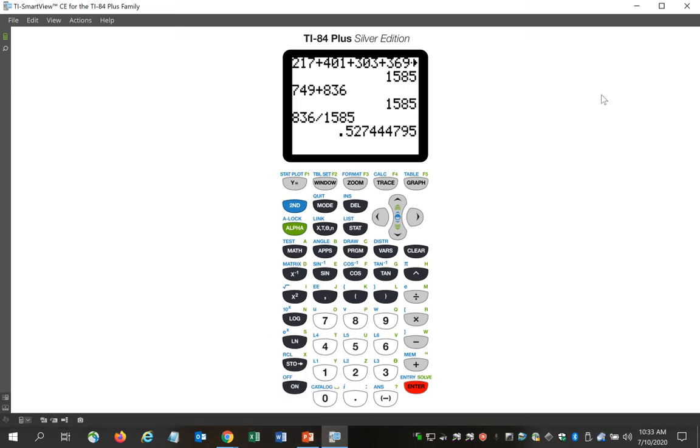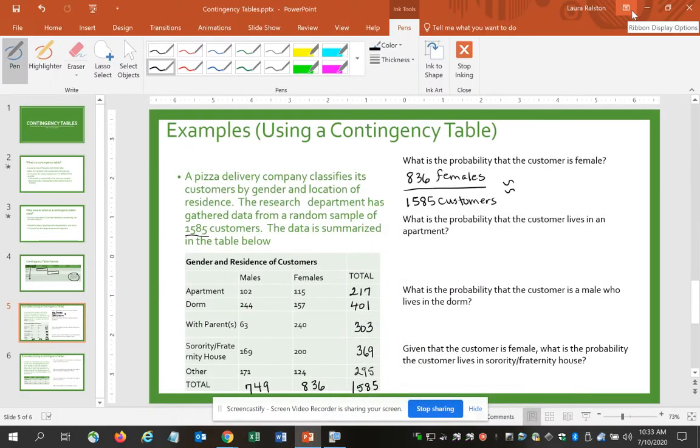We typically round to 3 places, so approximately 0.527, or if you want it as a percent, 52.7% of the customers for this pizza delivery company are females.